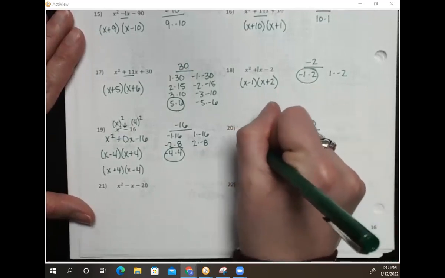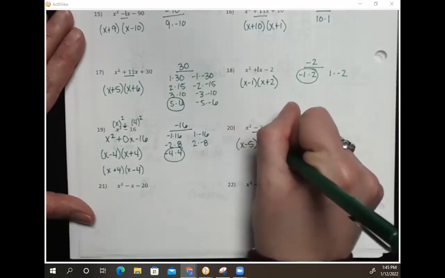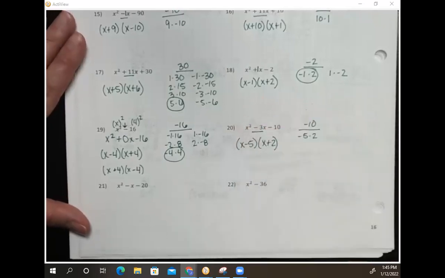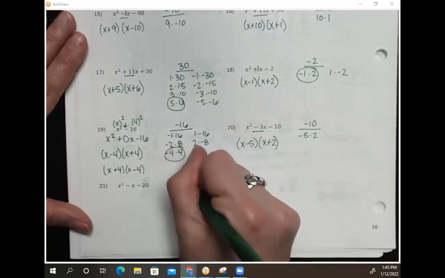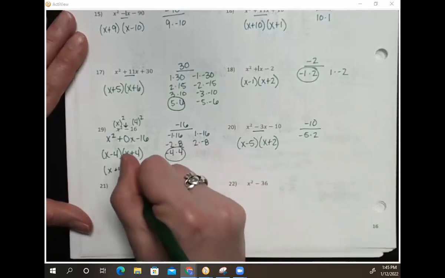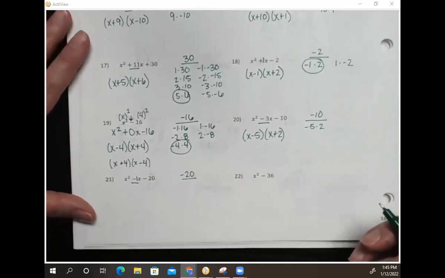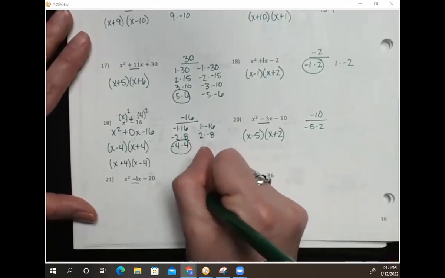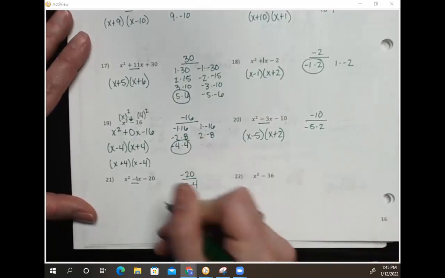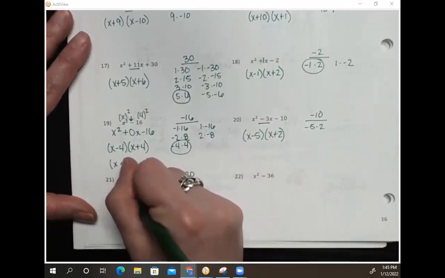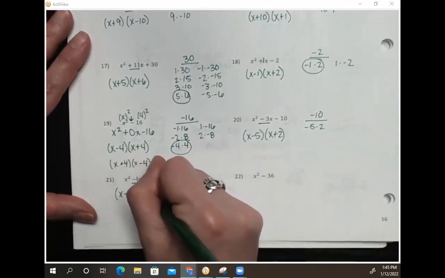That gives me x minus 5 times x plus 2. For 21, I want factors of -20 that add to -1. -5 times +4. So this is x minus 5 times x plus 4.